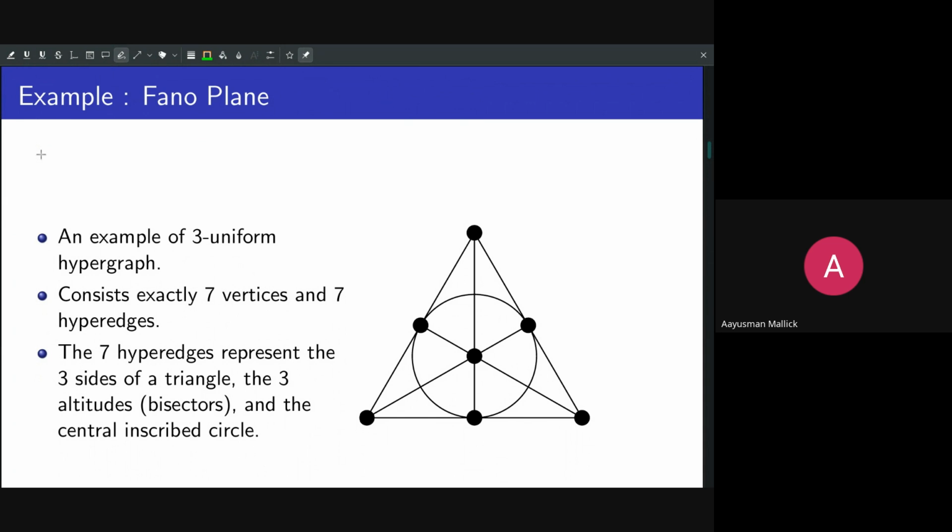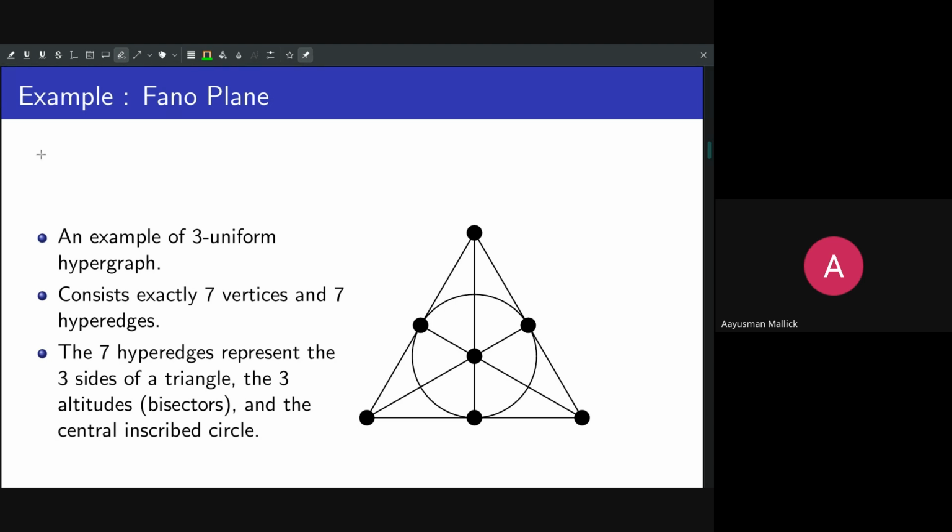The Fano plane is an example of a hypergraph. It is an example of a three-uniform hypergraph. That is, each of its edges consists of exactly three vertices. Now, the plane is nothing but this: consider a triangle, inscribe an incircle within it, and draw its altitudes or perpendicular bisectors. Both are equivalent.